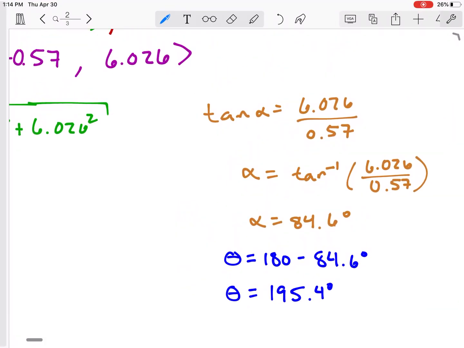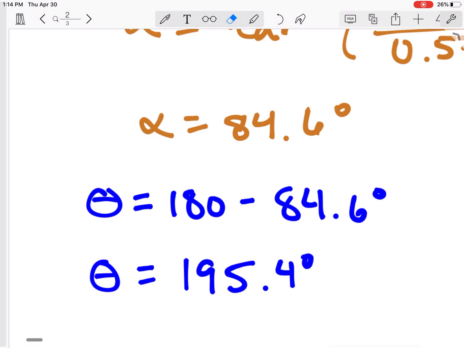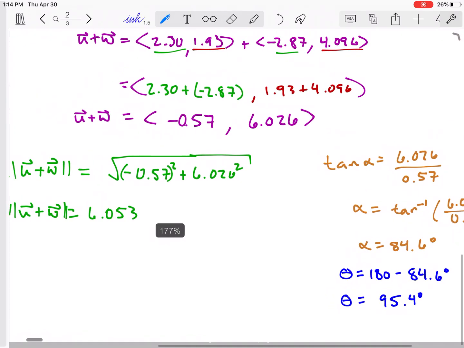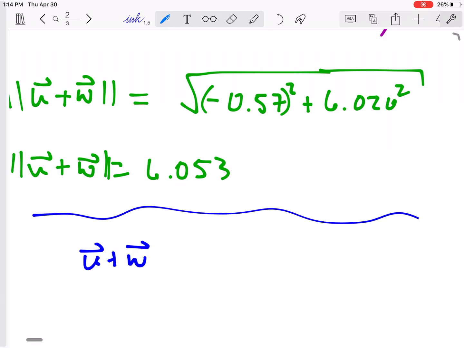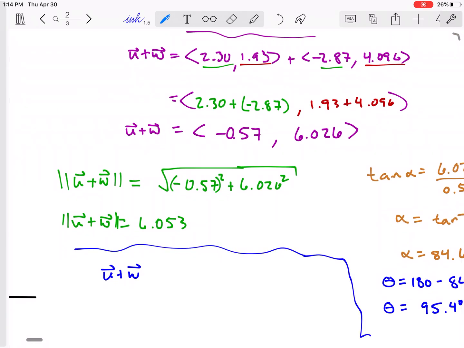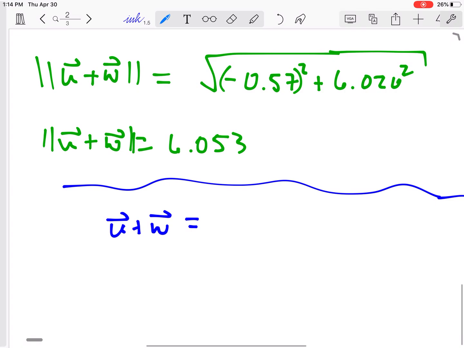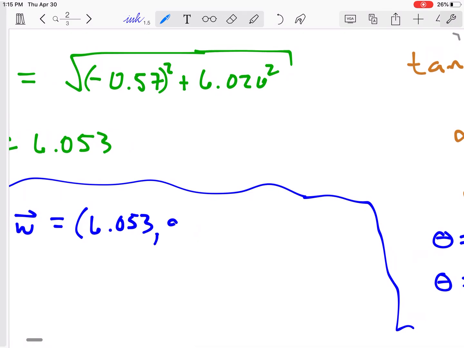Whoa, where did I get 195? Just 95. Therefore, in magnitude direction form, U plus W is equal to 6.053, comma, 95.4 degrees.